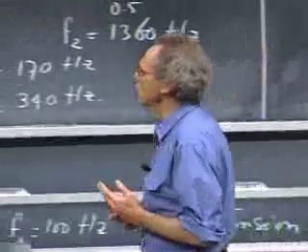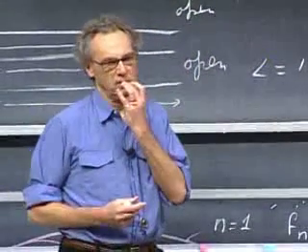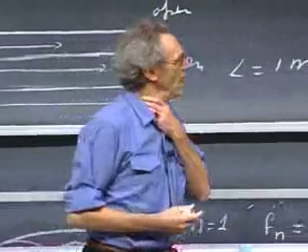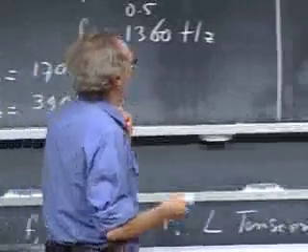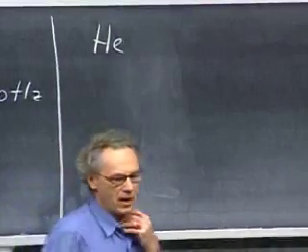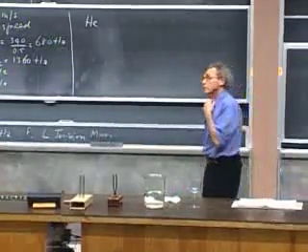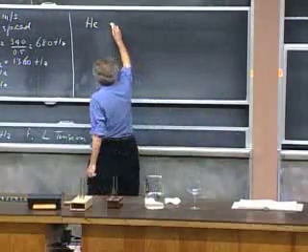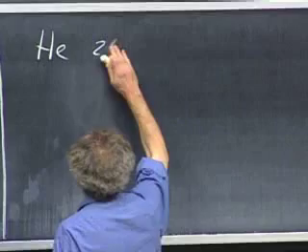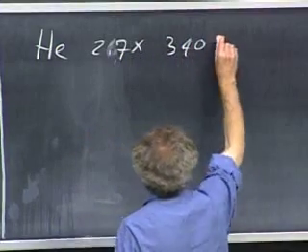The situation would change if I could change the speed of sound in my system. And helium, which has a very different molecular weight from air, has a way higher speed than the speed of sound in air. It's about 2.7 times higher, 2.7 times 340 meters per second.